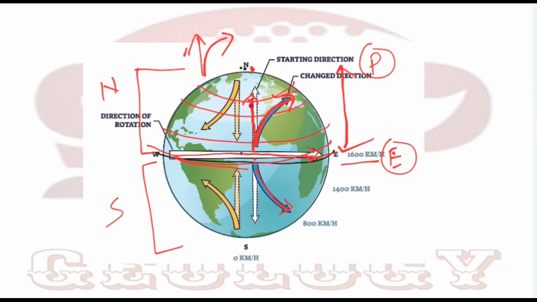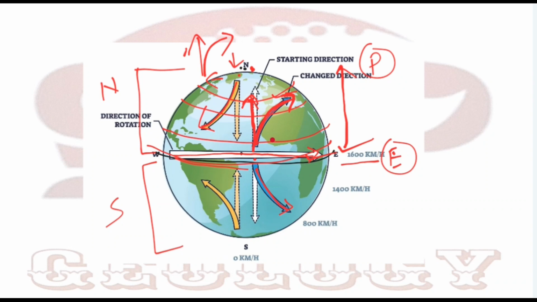If you are facing north, it will deflect towards the right. If you face south, this side will be your right side, so it will also deflect towards the right side. It depends on the viewer's perspective, so it will always deflect towards the right of the viewer.